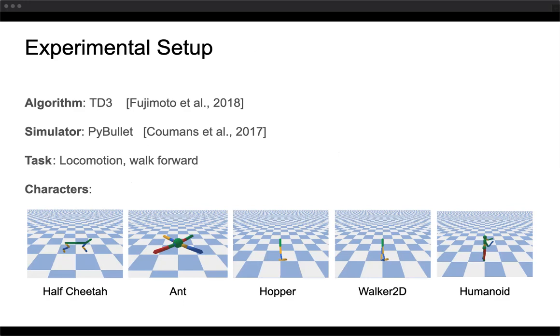We decided to use TD3 because it usually gets very good results for locomotion tasks that are the ones that we are using with the PyBullet simulator. And more specifically, we are using the default characters, half cheetah, ant, hopper, walker, and humanoid, that are widely used for this kind of benchmarks. For each of these environments, the task is locomotion, and you get a higher reward by walking forward as fast as possible.